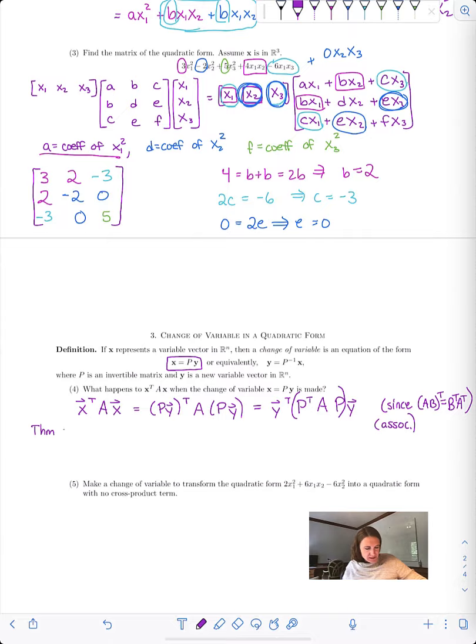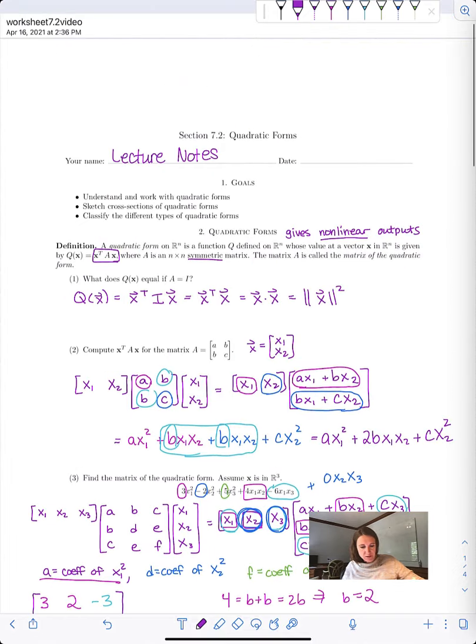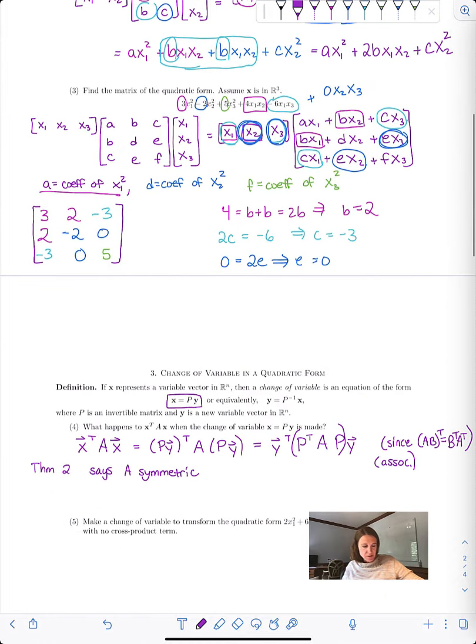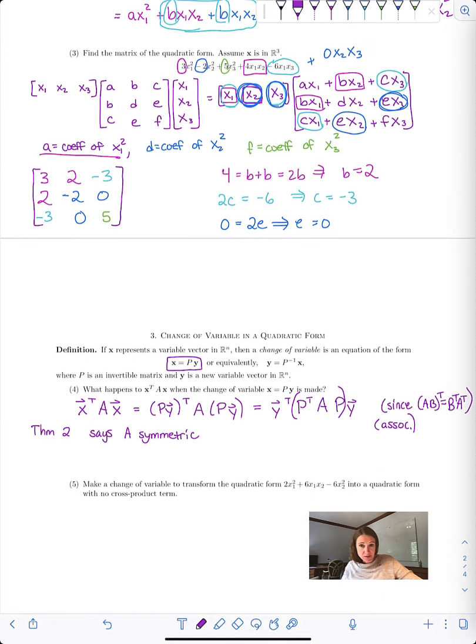But Theorem 2 in section 7.1 says that if A is symmetric, and A needs to be symmetric for these quadratic forms. Notice we are assuming A is symmetric. But Theorem 2 says that if A is symmetric, then there exists some orthogonal matrix P, and remember that means it's a square matrix whose columns are orthonormal, such that P transpose A P equals a diagonal matrix.